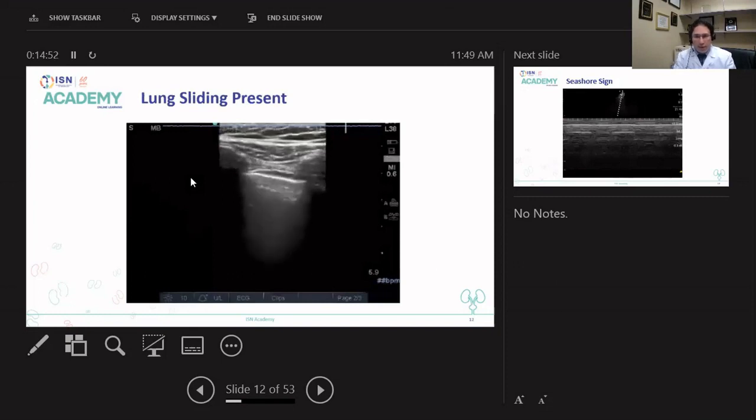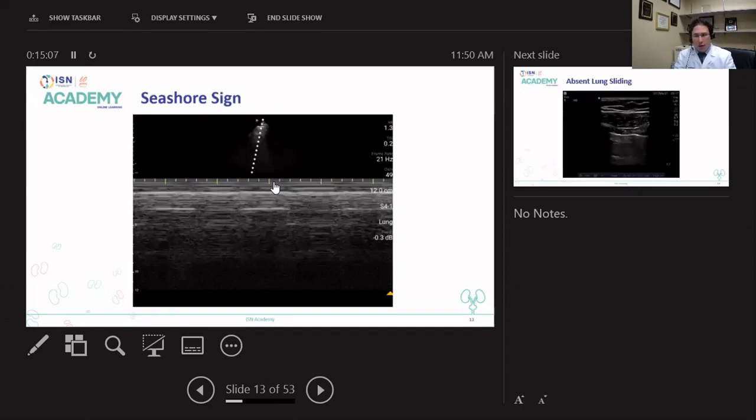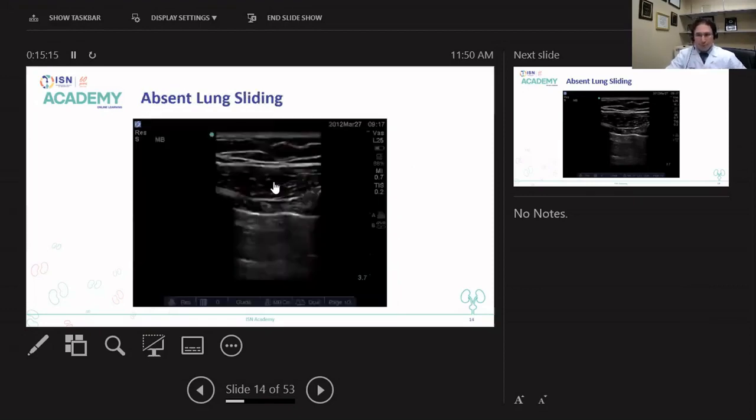Here's a classic example of lung sliding. Now, if you were to place an M mode right through here, you would see this continuous motion here that would appear as a sandy beach. And here we are. This is the seashore sign. And this confirms that the visceral and the parietal pleura are interfacing.